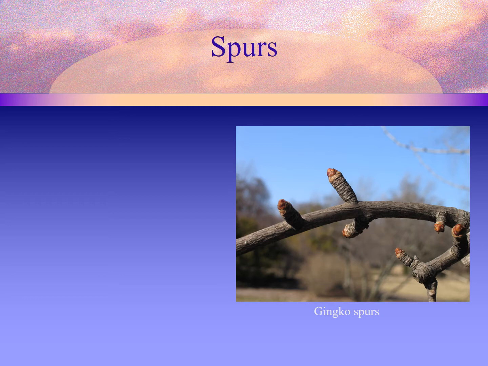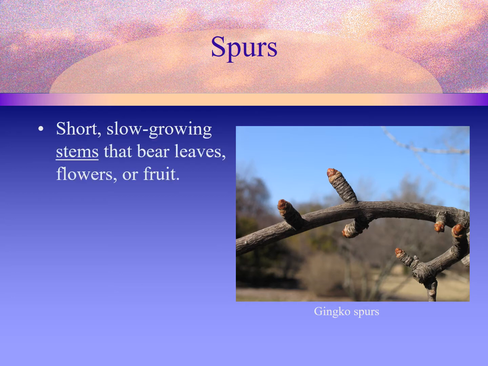Another specialized plant part is called the spur. Spurs are short, slow-growing stems that bear leaves, flowers, or fruit, and you do not find spurs on all species of plants.